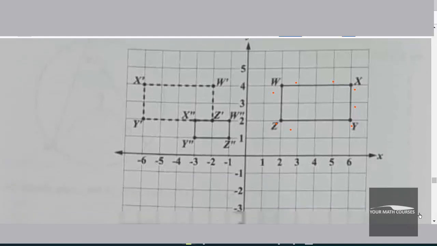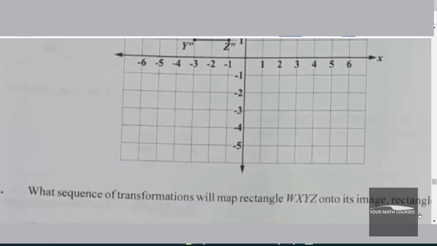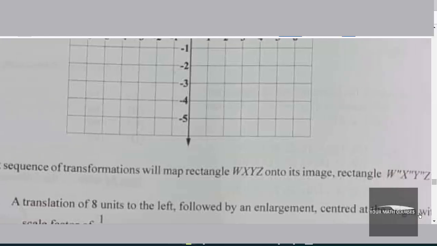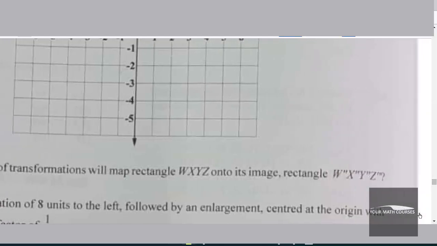So let's see which transformation was applied. What sequence of transformations will map rectangle WXYZ onto its image, rectangle W''X''Y''Z''?